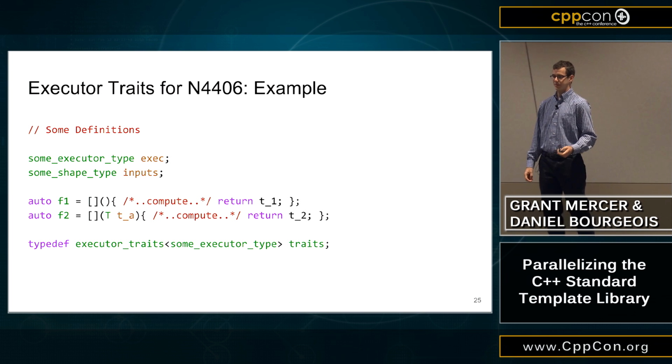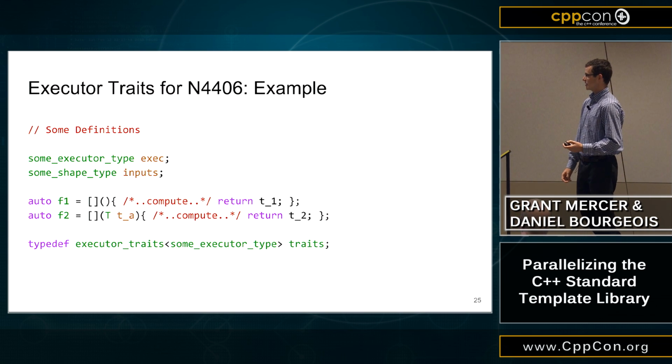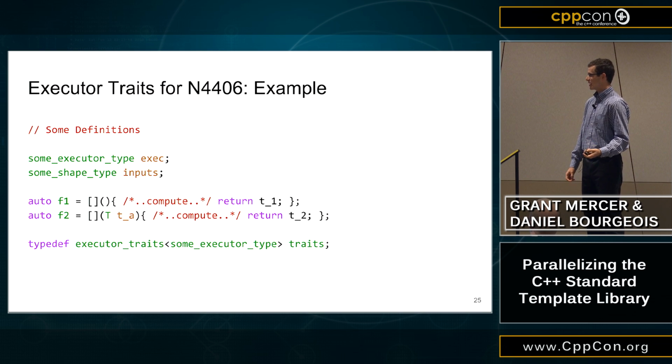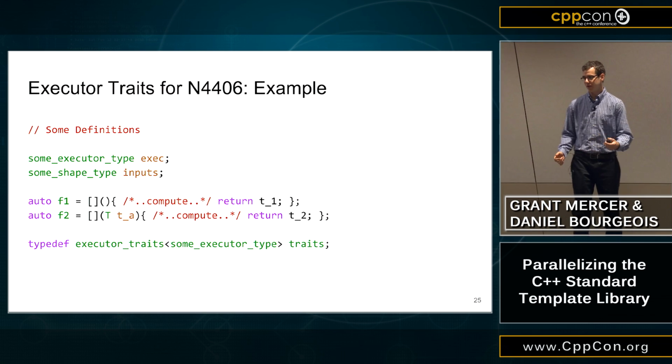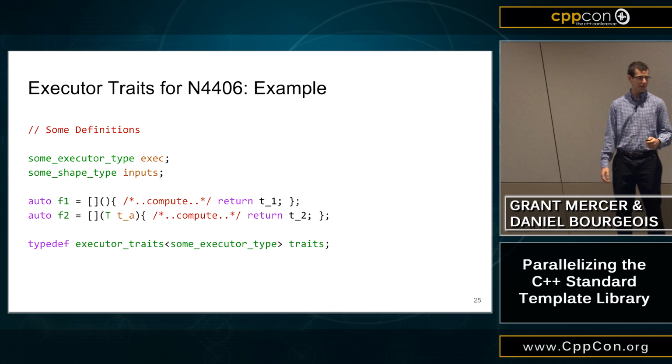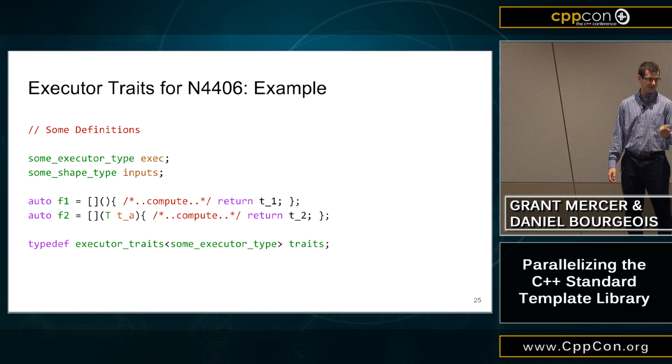So here's an example of what we envision out of this. We have some executor type, we'll call it exec, some shape type inputs, and in this case we'll say that inputs supports a begin and an end, so we can do for auto v in inputs and so on. We're going to have two functions, f1 and f2, and say they return a type.